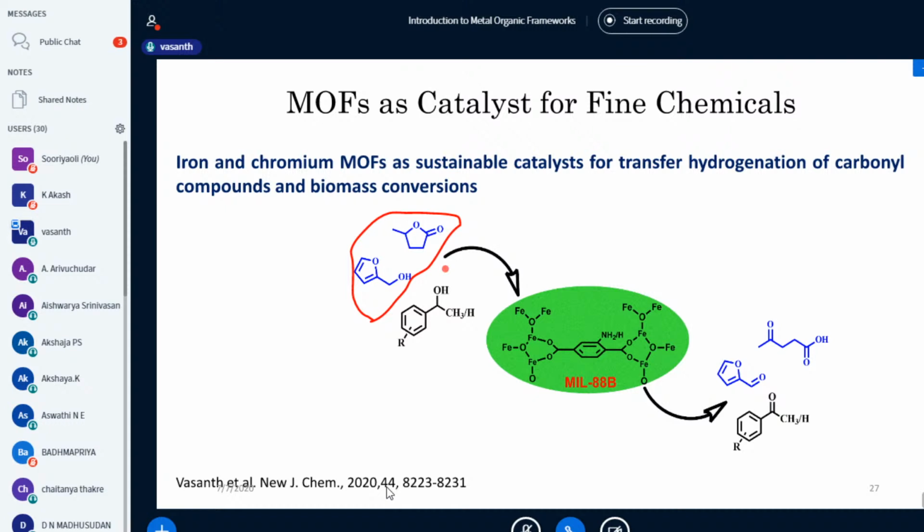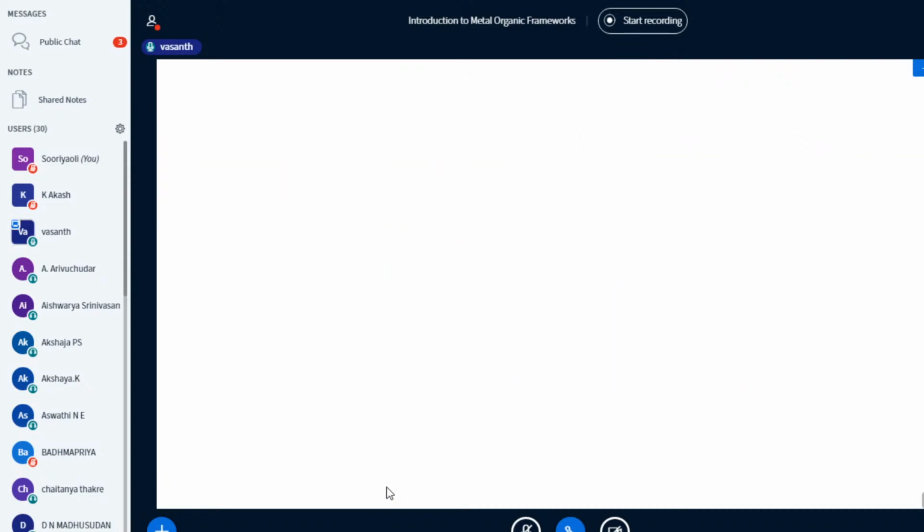But the cost of these compounds is very high. So we use such metal organic frameworks, which are iron based and quite cheap in nature, to convert these chemicals into their active form. This is one example in which metal organic frameworks act as an important catalyst for the synthesis of fine chemicals.